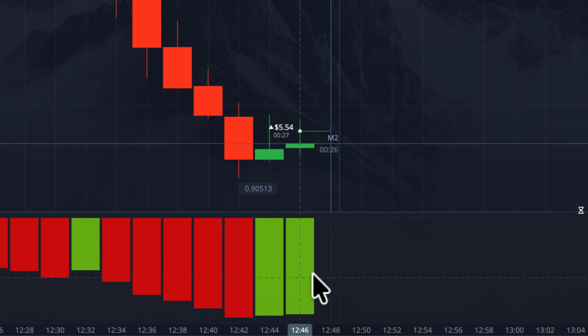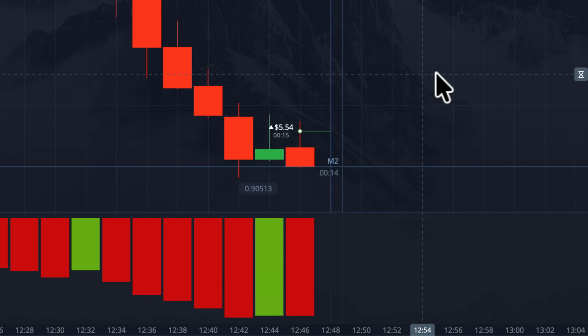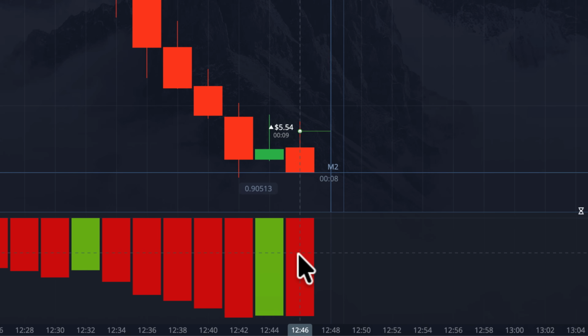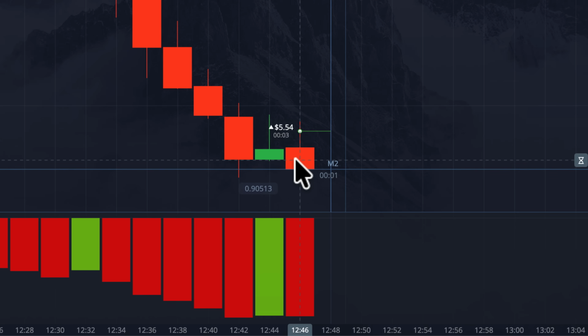We've got a green bar on the Awesome Oscillator. Let's see what happens. So far, it's just sitting there, guys. Looks like it's bleeding. We've got that red bar here at the very end. So that's going against us. And also we're a little ways away from our entry.